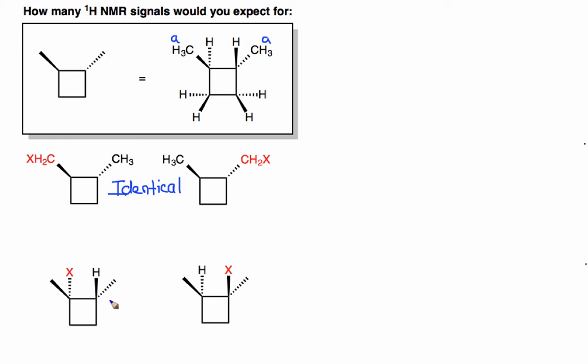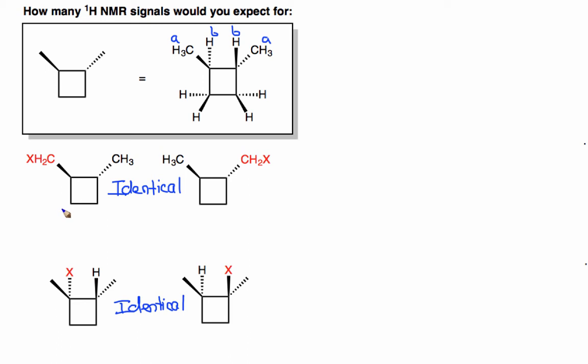So once again, we have an identical set of compounds. That means this hydrogen and that hydrogen are chemically equivalent, so they would show up as a single peak. We'll label those as B.